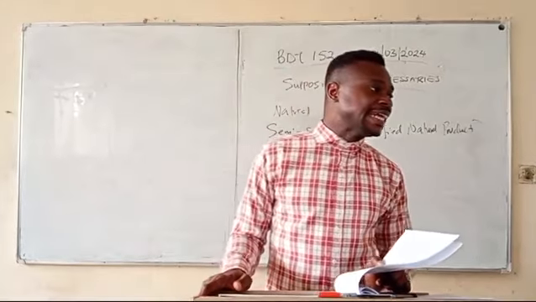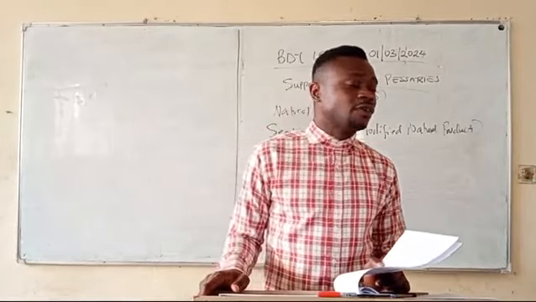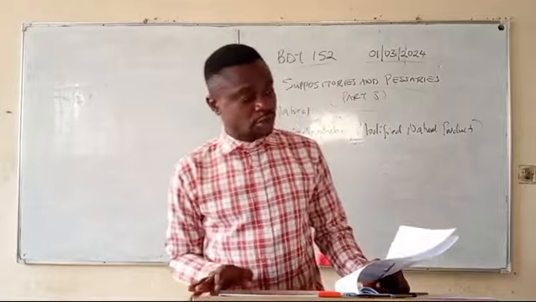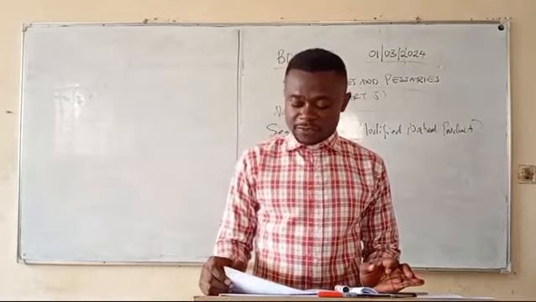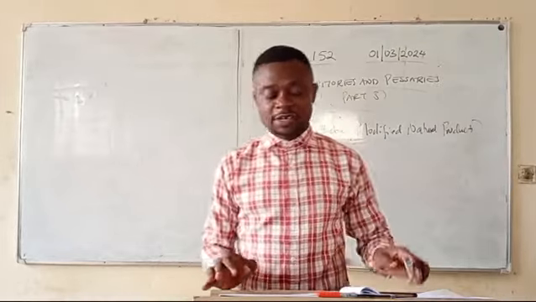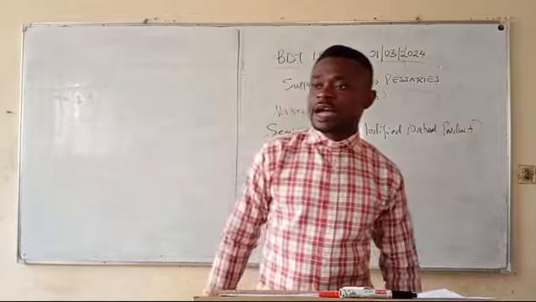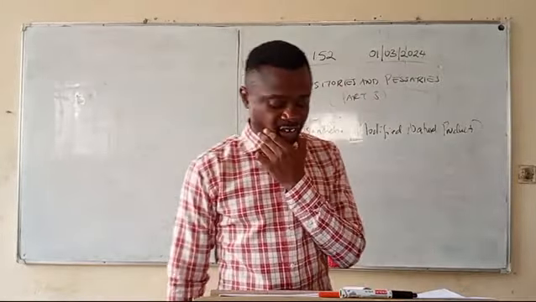So for an ideal suppository base, it ranges from 200 to 245. Now, what of the iodine value? What of the iodine value?